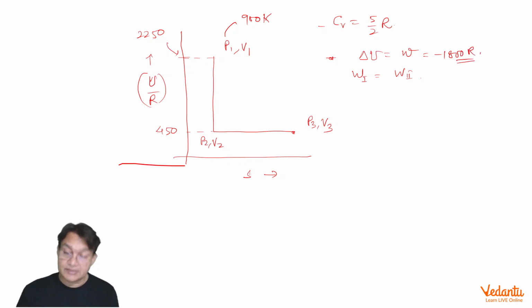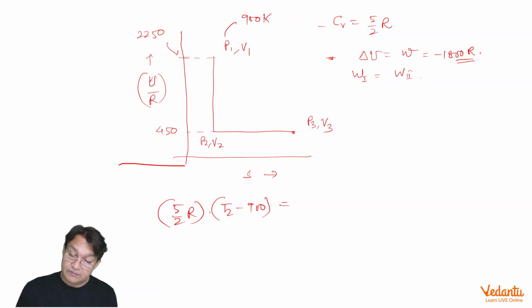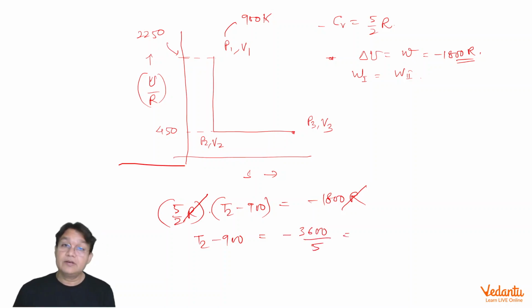So internal energy is decreasing, and that means W1 is equal to W2. Let us first calculate T2. So 5 by 2 R, which is CV, into T2 minus initial temperature 900, must be equal to minus 1800 R. R is cancelled and we are left with T2 minus 900 is equal to minus 3600 upon 5, which is minus 720.